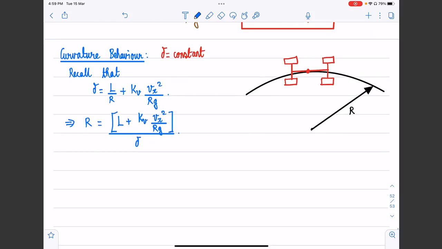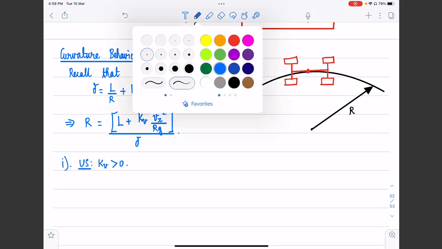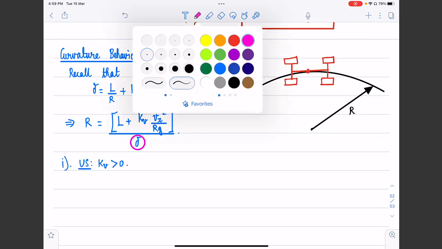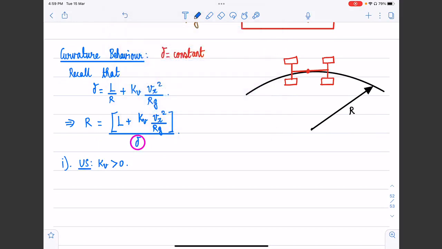So now, as a first case, let's consider the case of understeer. And as we already know, KV is greater than 0. So please note the denominator delta is held constant, right? So what happens as speed is increased?